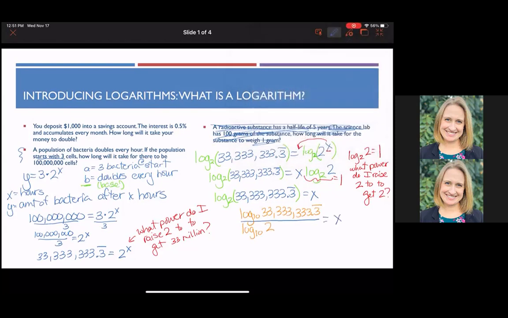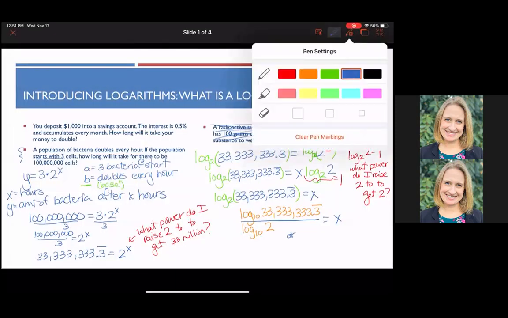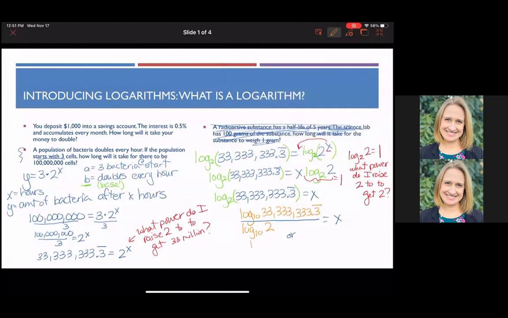And you can get that exact number, or that's where you can plug that into Desmos. And I'm going to do that here. I'll show you how to do that. And real quick, you can also use the change of base formula with the natural log, where it'd be the natural log of this number. And they mean the exact same thing.